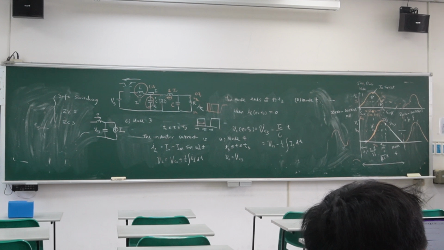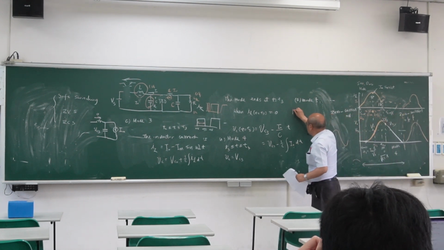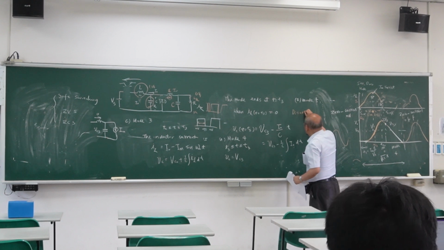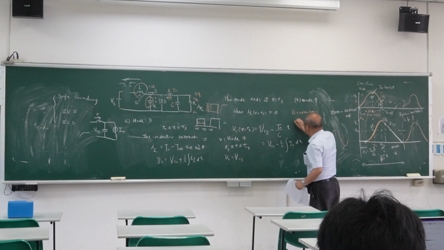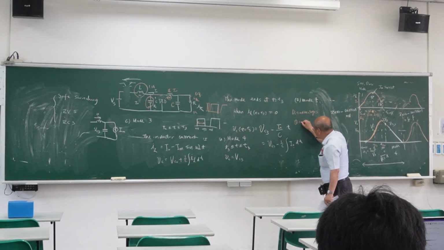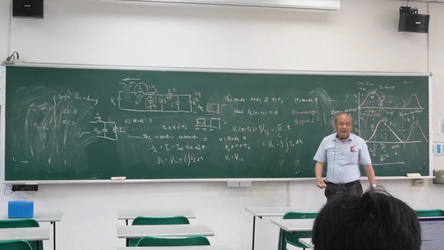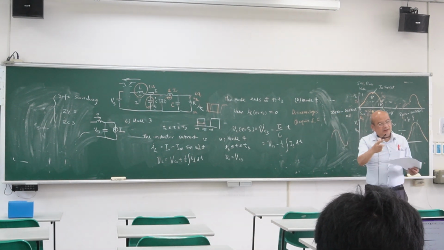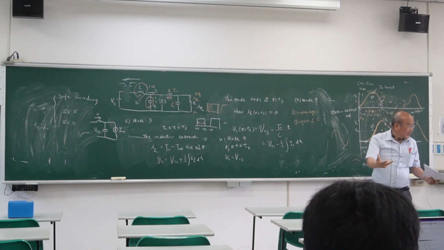So if you want to do soft switching, what is the disadvantage? Can anybody tell me? First, you require small L and small C, right? Do you think the elements will cost some money?